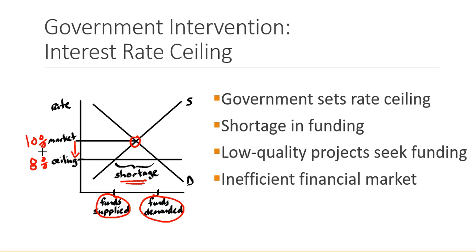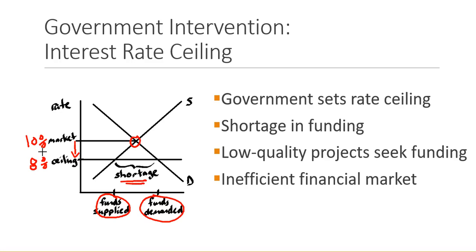Government's good intentions are to keep the interest rate low, encourage corporate investment, encourage economic growth, but the result is that lenders stay out of the market, too many projects come into the market, and there's an inefficient financial market result in the end. So it usually works best to let the market determine what the right interest rate is.